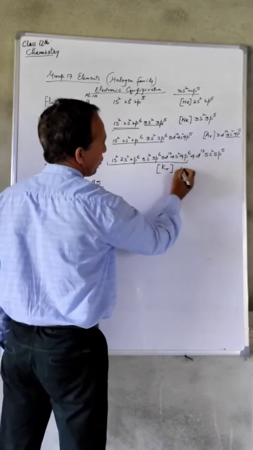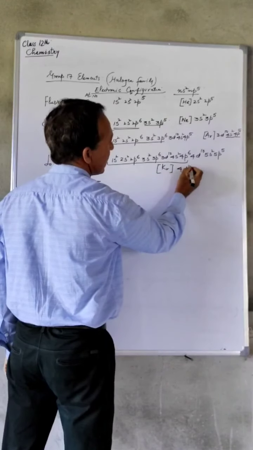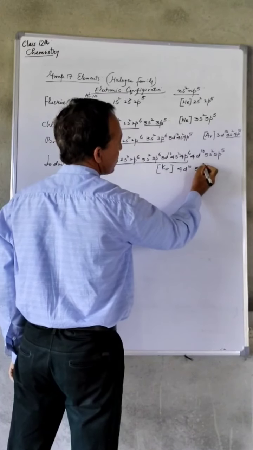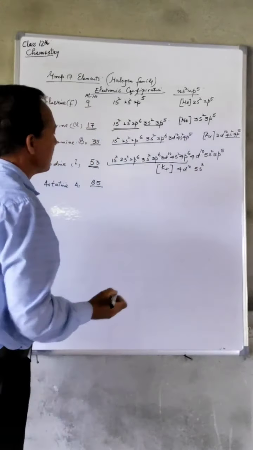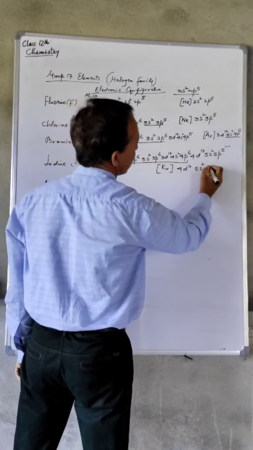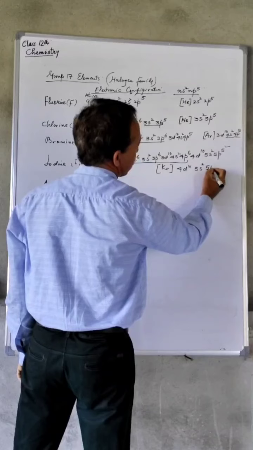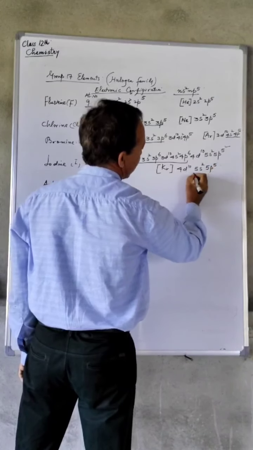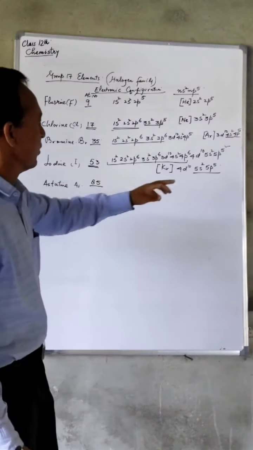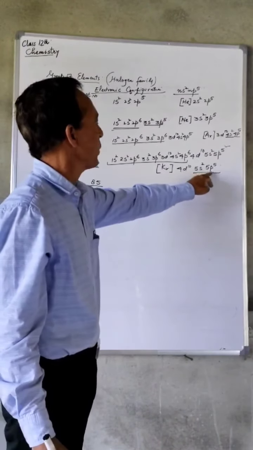Then we have 4d10, 46, 5s2, 48, and 5p5, 53. So again the outermost shell electronic configuration is 5s2, 5p5.